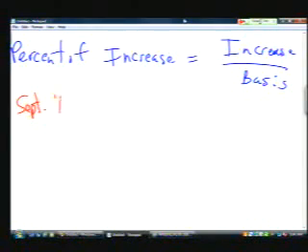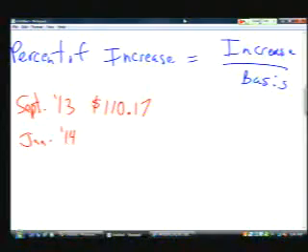September 2013, when we entered this trade. Now, we did it with stock options. I'm just showing you stocks right here because it's less complicated. So January of 2014, the stock was at 160. So what we're going to do is compute your percent of increase had you just traded the stock. I traded stock options. Now, stock options, that's a two-edged sword.